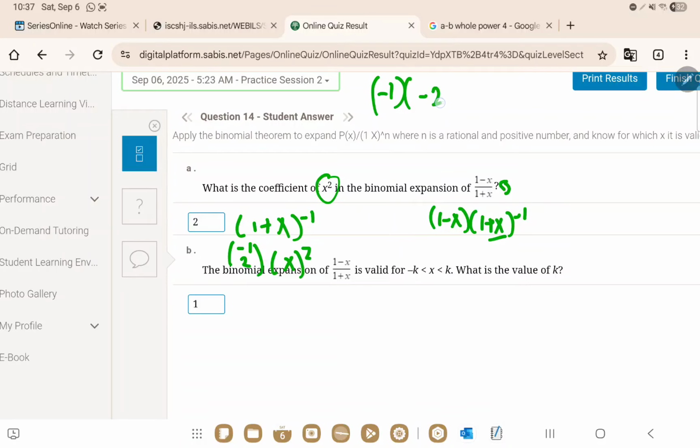So negative 1 into negative 2 over 2, which is negative 2 over 2, which is 1. So 1 times x squared, which is 1x squared.